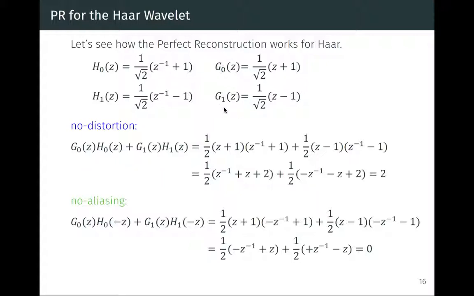And all you have to do is plug in this polynomial in z in all these terms, check that indeed it's equal to 2 for the no distortion condition, and for the no aliasing, then you just check that it's 0. Okay, it's quite simple. In this case, it's working, so it's all fine. So indeed the Haar filter we have, and we knew that, right? When you plug it in, we know that it guarantees perfect reconstruction of your signal.